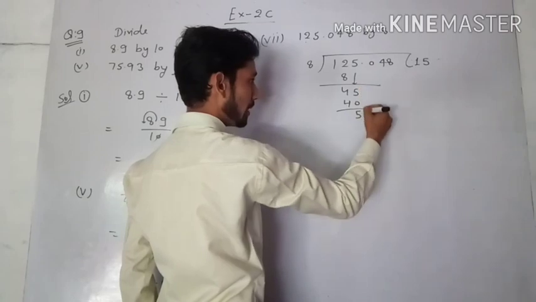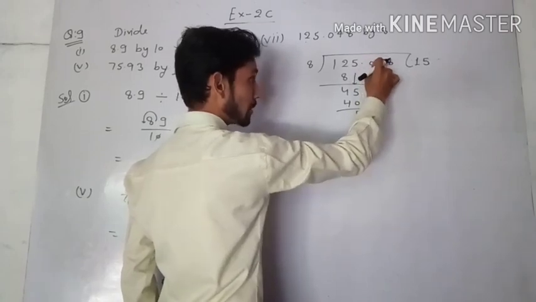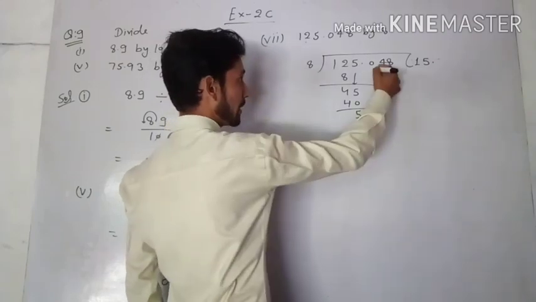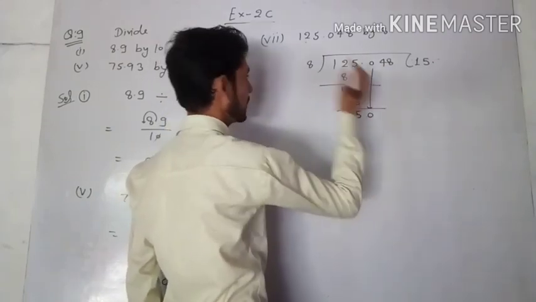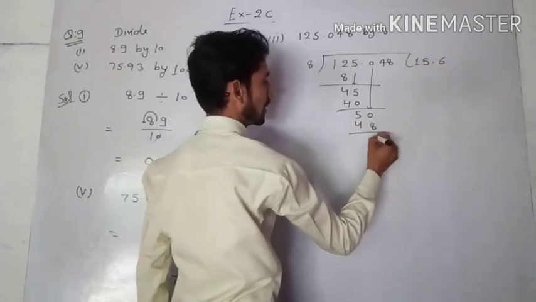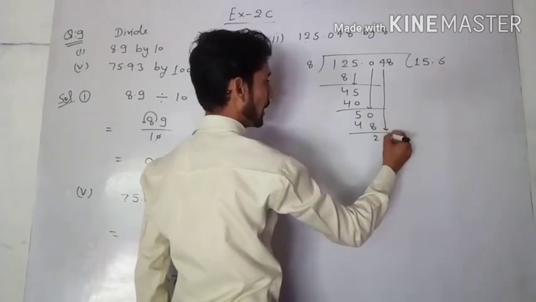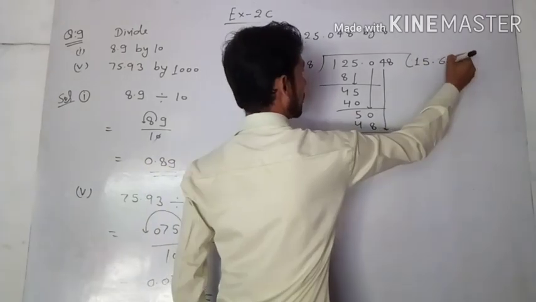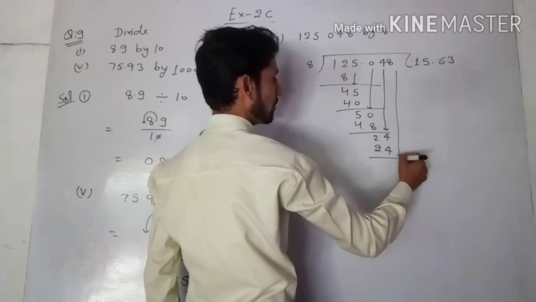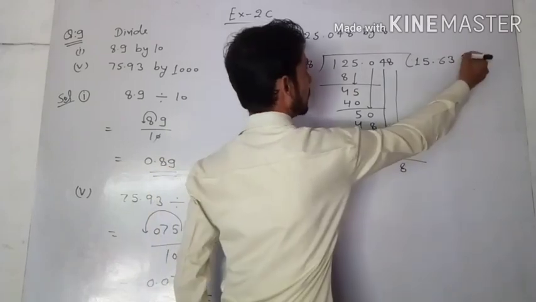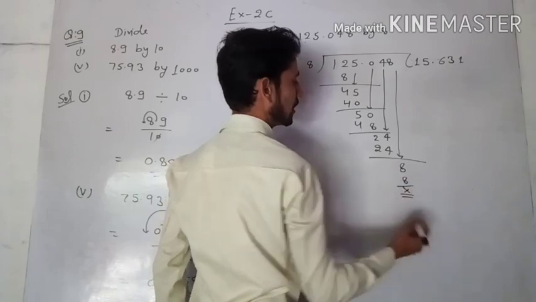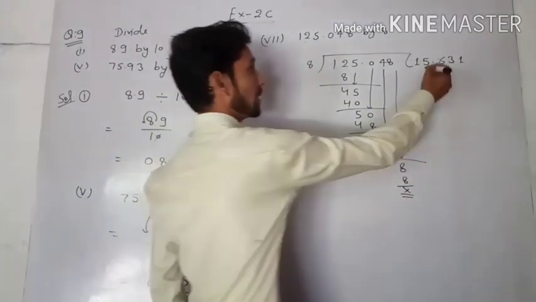Now when we take digits after the decimal, first we write the decimal in the answer and then write the next digit. 8 6s are 48, write 4 here. 8 3s are 24. Write the next number. 8 1s are 8. It's your answer.